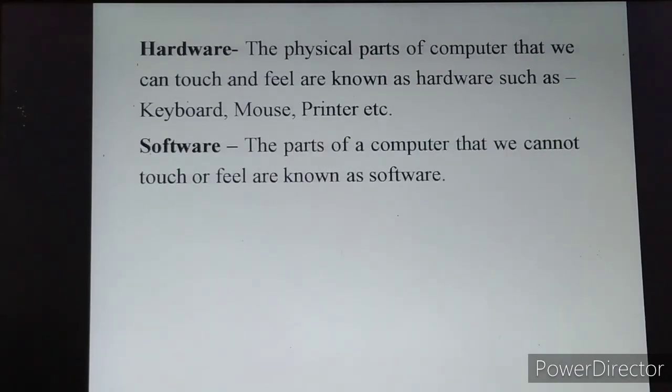Software. The parts of a computer that we cannot touch or feel are known as software. For example, MS Word, Paint, TuxPaint, QBasic, and so many things.